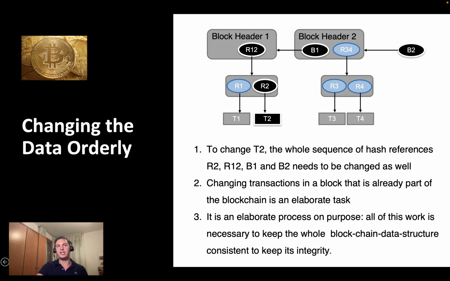All other attempts to change or manipulate data that is part of the blockchain data structure will cause invalid hash references, because in order to change transaction 2 you have to change the whole chain. And if you don't do it orderly, it will in turn invalidate the whole data structure.